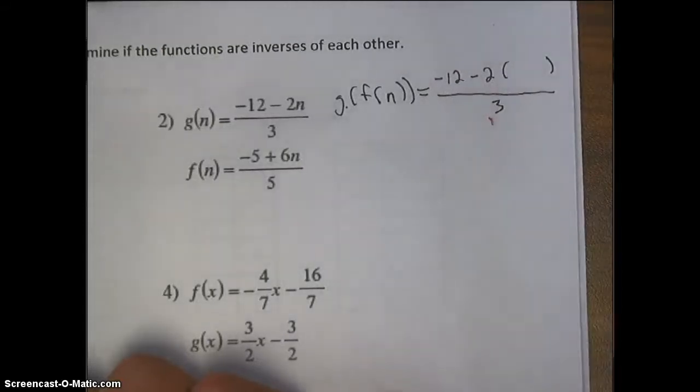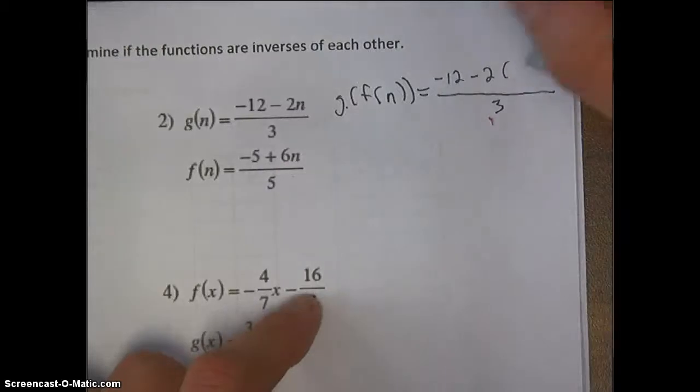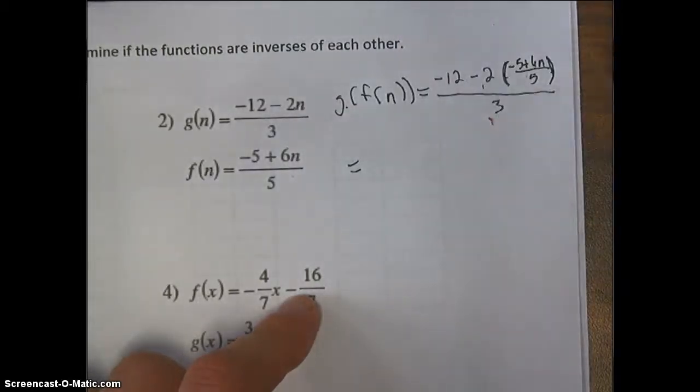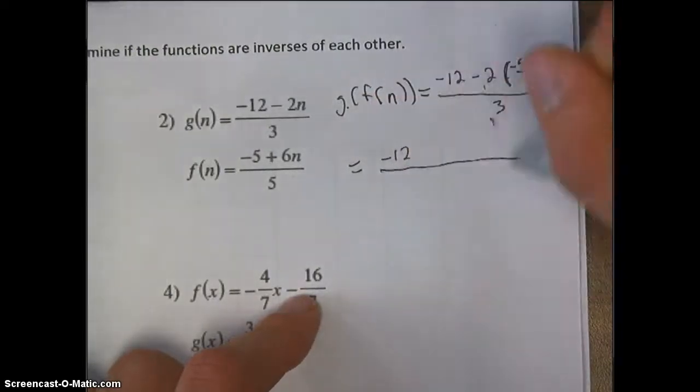Now, inside the parentheses, you're going to want to write the f. So this negative 5 plus 6n all over 5. And now it's a simplification. So we get to do some algebra. This negative 2 is going to distribute inside this parentheses here. So I've still got the negative 12, and I've still got over 3.